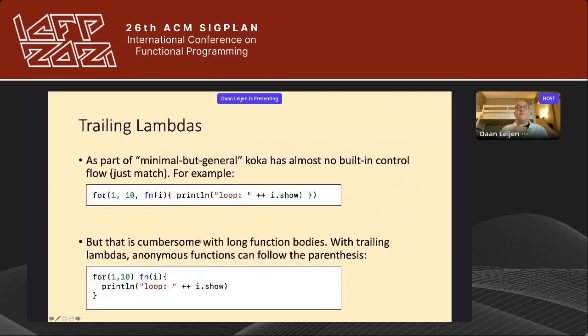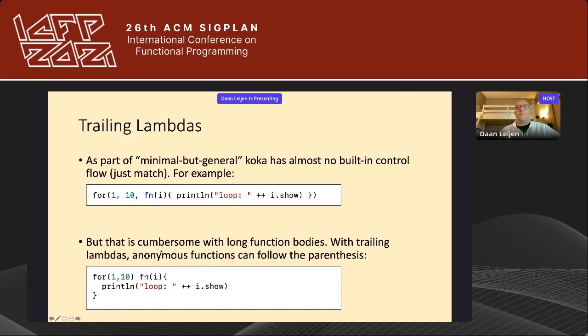Let me see. Trailing lambdas. Another thing about being minimal but most general is that we want to use functions all the time to do control flow constructs. So here is a for 1 to 10, and then I have an anonymous function that prints where you are in the loop. And this happens a lot, of course. Haskell programmers or OCaml programmers, we do this all the time.